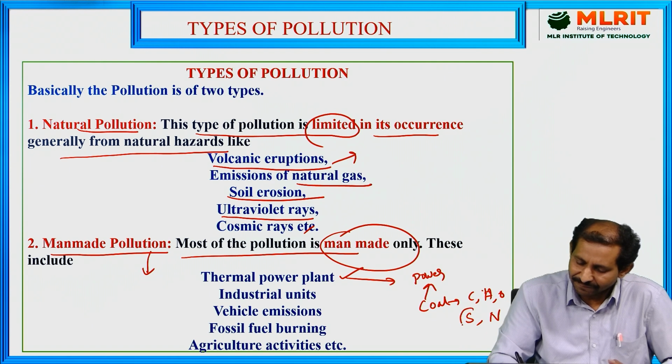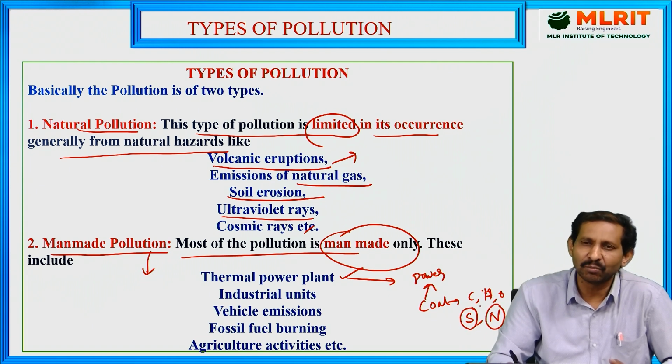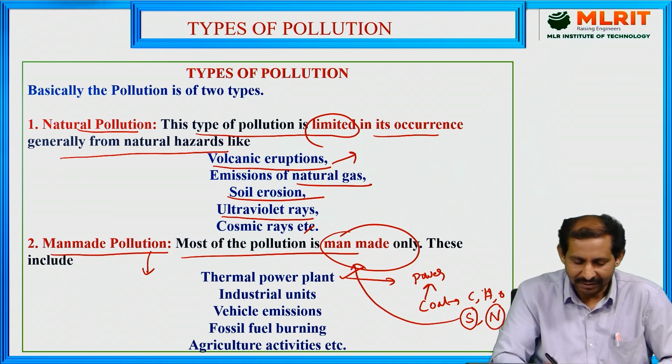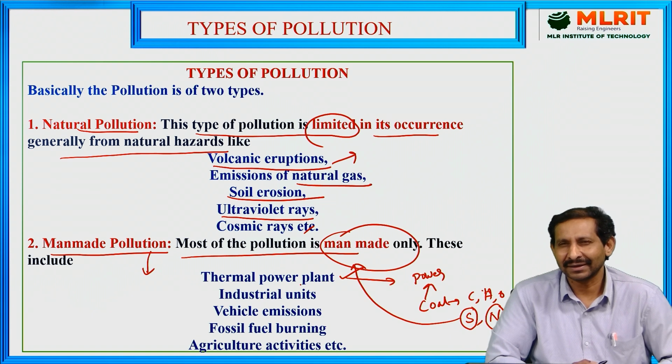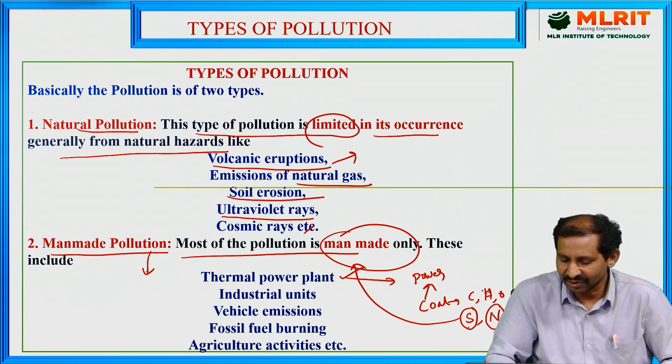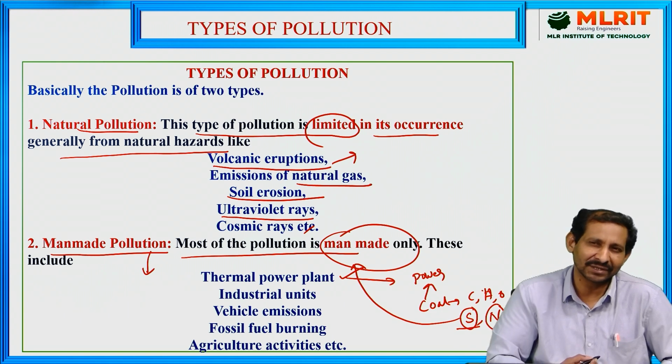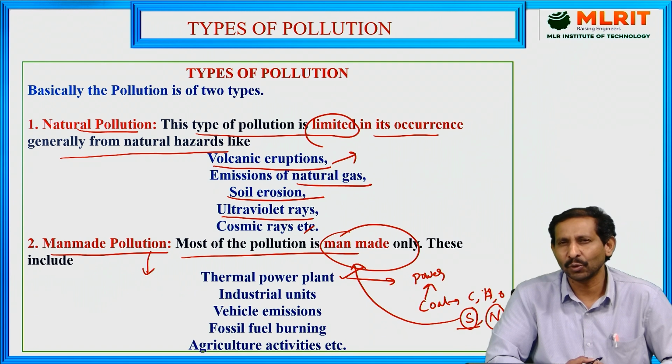If the sulfur and nitrogen content in the coal sample is higher, more pollution is created, because thermal power plants carry out the combustion process. During combustion, sulfur combines with oxygen and nitrogen to produce different oxides: sulfur dioxide, sulfur trioxide and nitrogen oxides are formed. These create more air pollution.